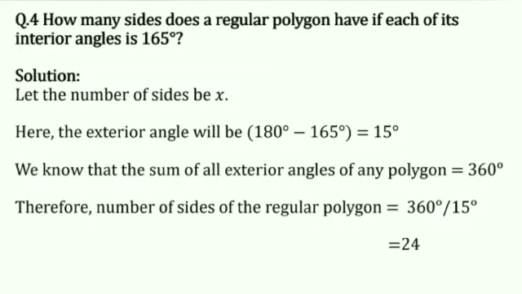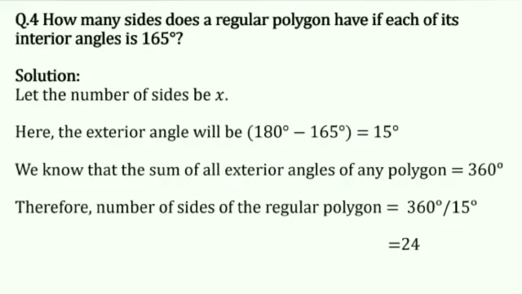So same we are going to use, that is the sum of all the exterior angles of any polygon is equal to 360 degrees. But before that, we are here given interior angle, that is 165 degrees. So first we are going to find out the exterior angle. So exterior angle will be 180 degree minus 165 is equal to 15 degree.